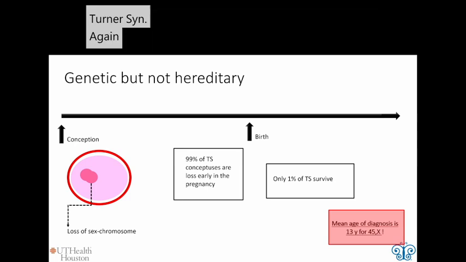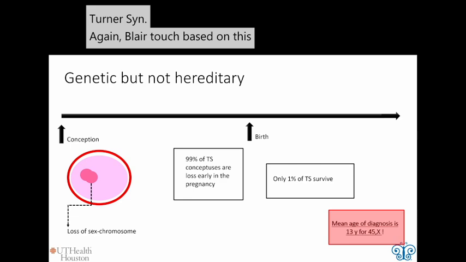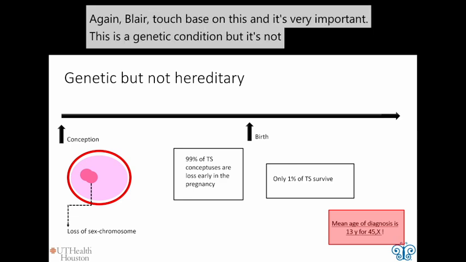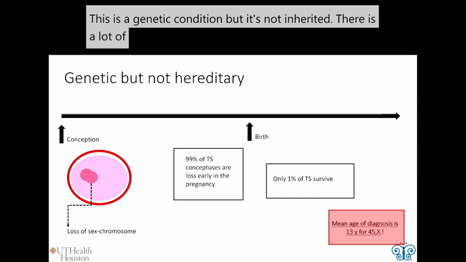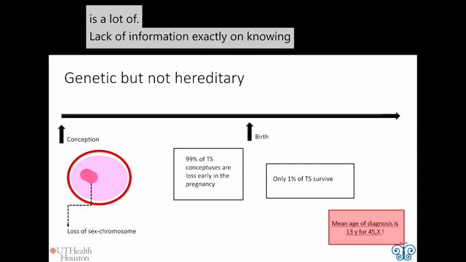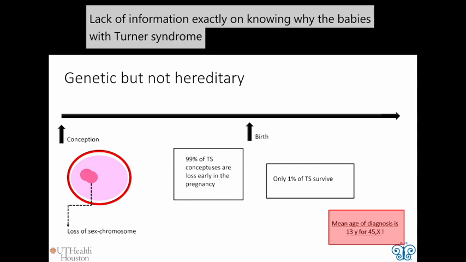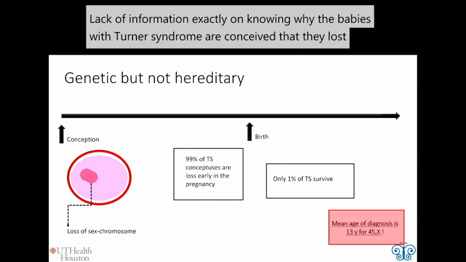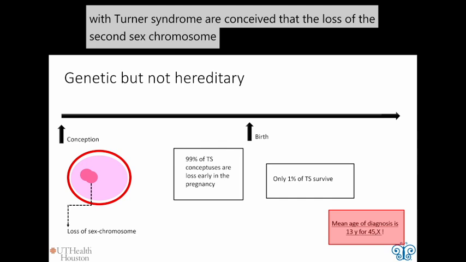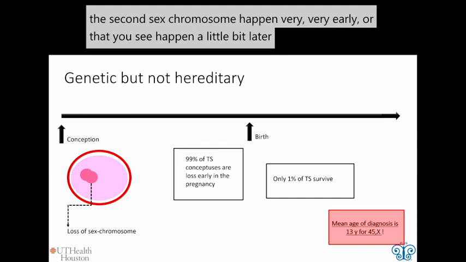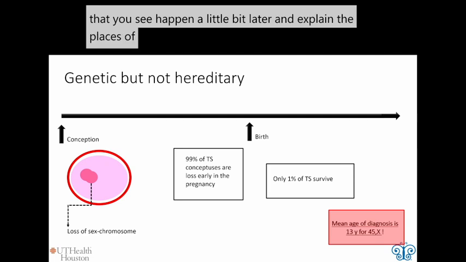Again, Blair touched on this, and it's very important. This is a genetic condition, but it's not inherited. There is a lack of information on exactly why babies with Turner syndrome are conceived. Does the loss of the second sex chromosome happen very early, or does it happen a little bit later and explain the presence of patients with mosaicism?